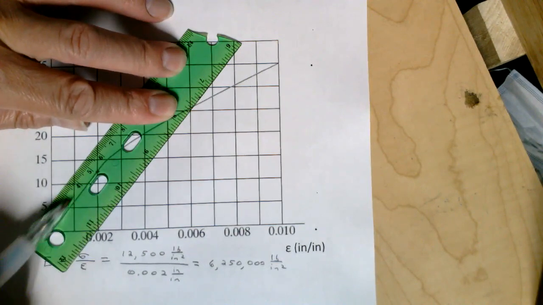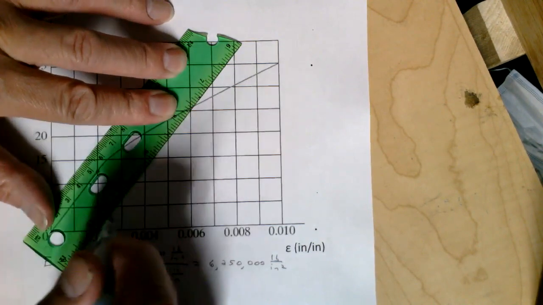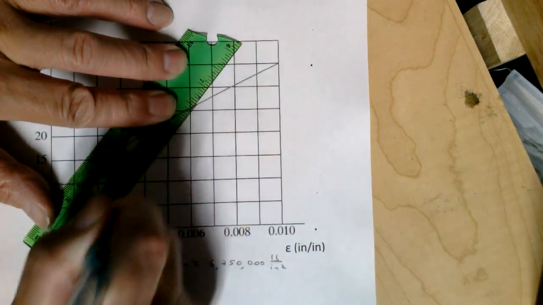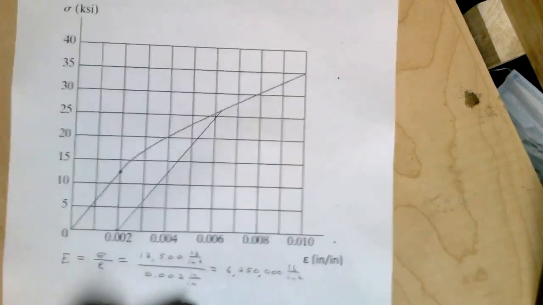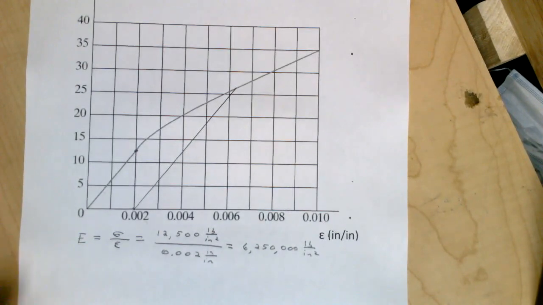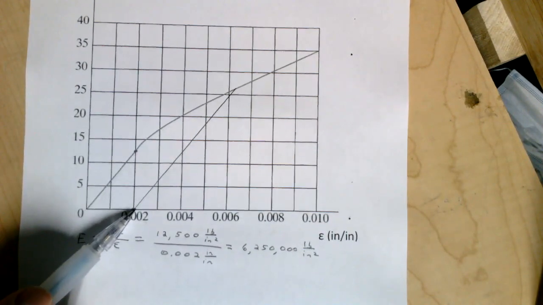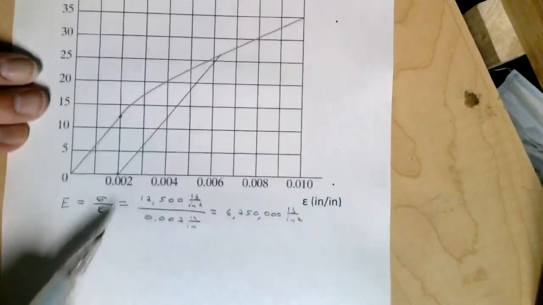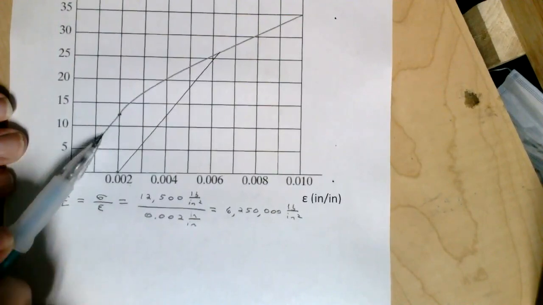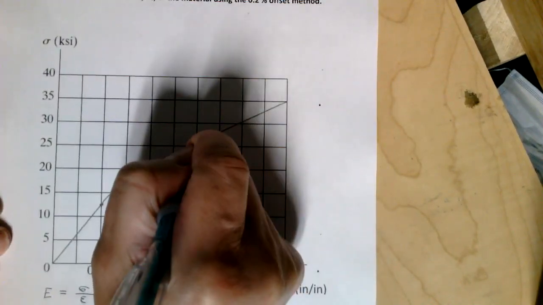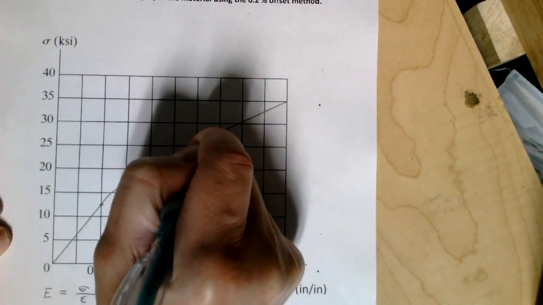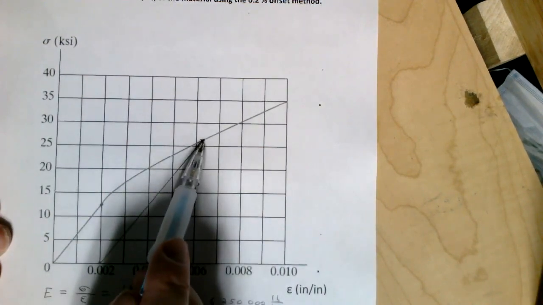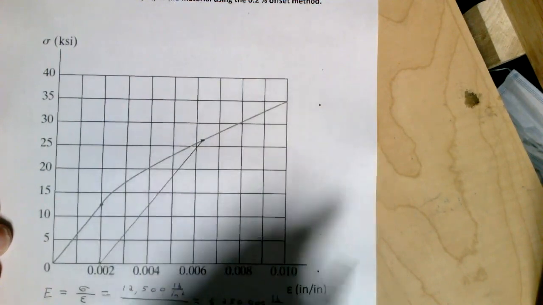This line here is going to be pretty much perpendicular to that line there. So let's draw this line up here. You can see we started at the 0.002 because it's a 0.2% offset, and we made a line parallel to this proportional region. This intersects right here, and that's going to give us the yield stress right there.